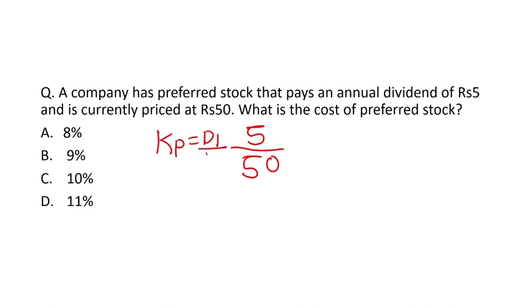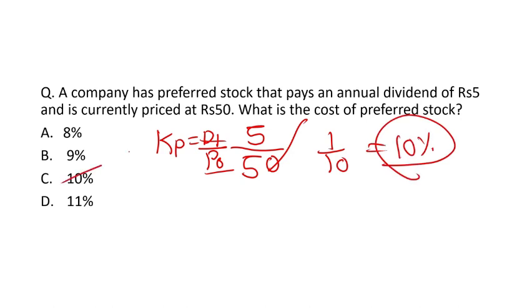This is D1 upon P0, where D1 is the expected dividend and P0 is the current price. So this is 5 by 50, which is nothing but 1 by 10, simplest is 10%. Okay, option number C, 10%, will be the right answer.